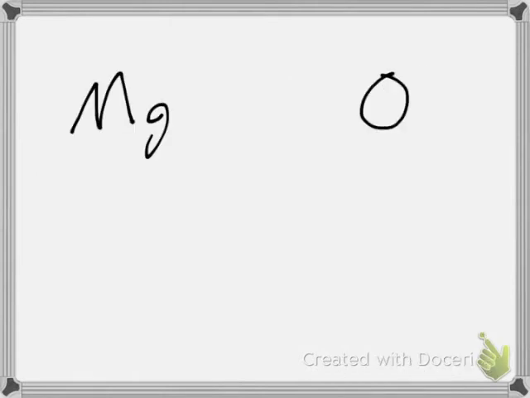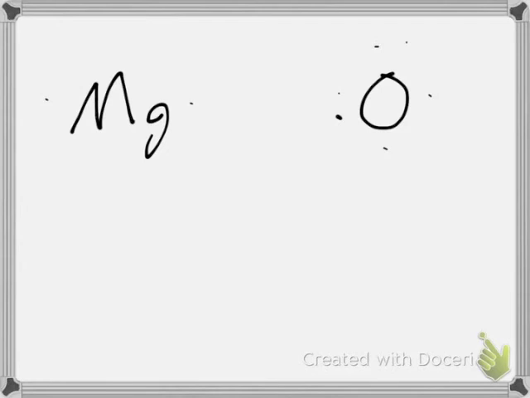So let's do a little bit of review. Here we have magnesium and we have oxygen. Magnesium is a group 2A, so it has 2 valence electrons. And oxygen is a group 6A element, which means it will have 6 valence electrons. So in the case of magnesium, what is the easiest way for it to achieve a noble gas electron configuration?